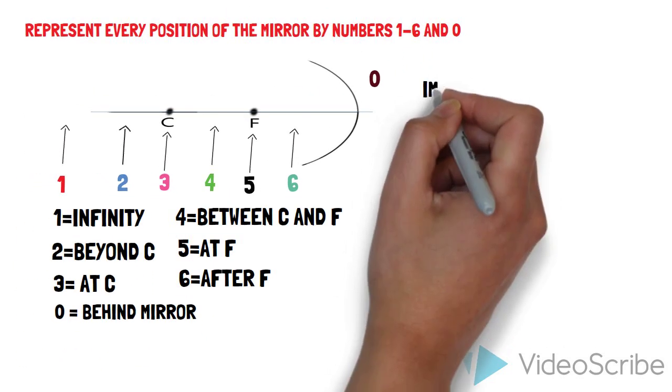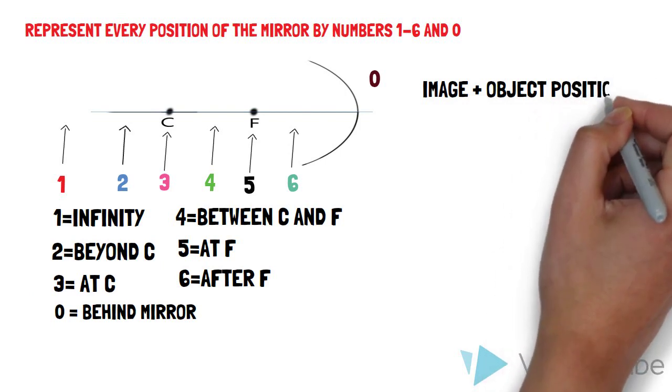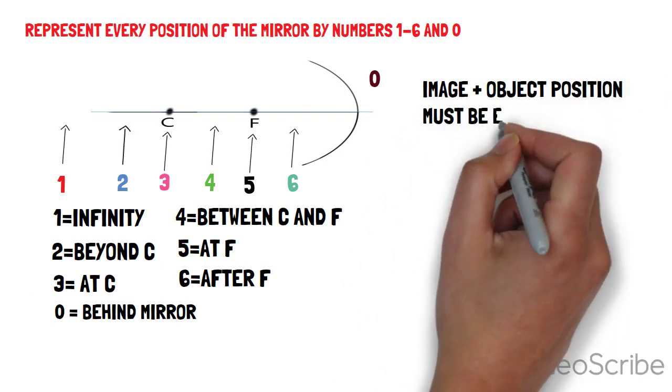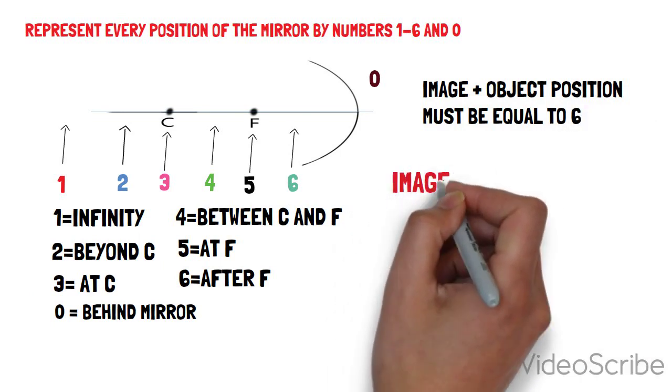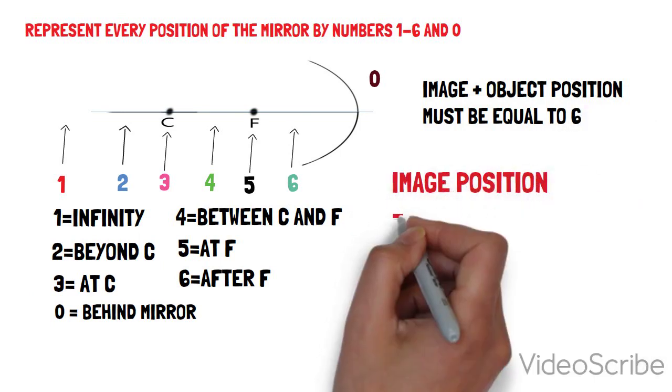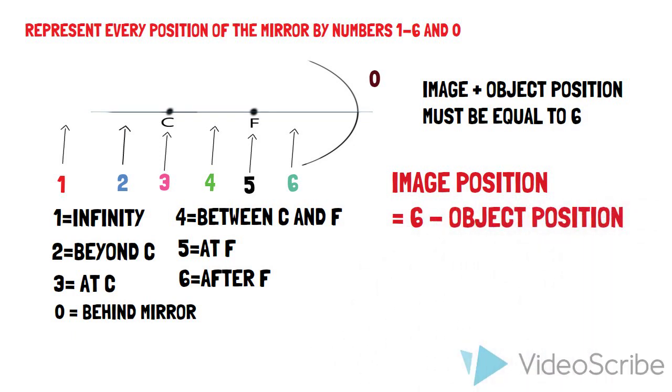We then simply note that image plus object position equals 6. This then simply means that image position equals 6 minus the object position.